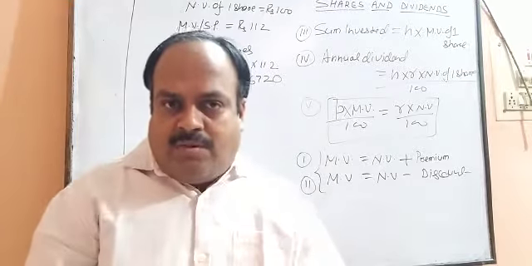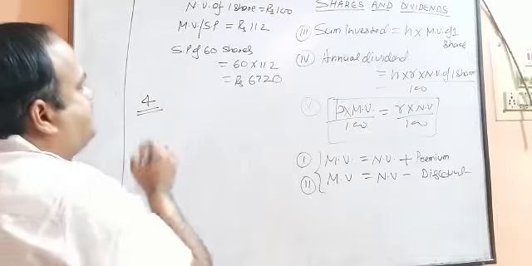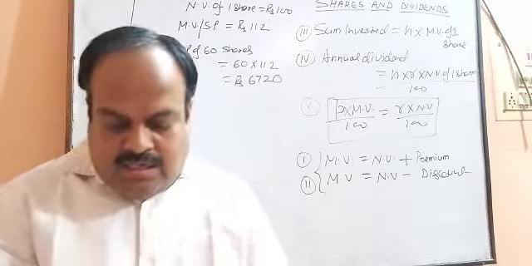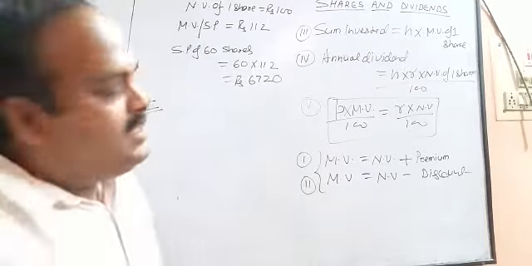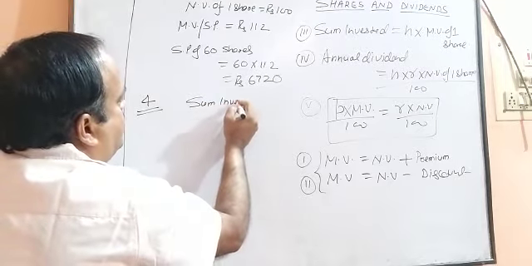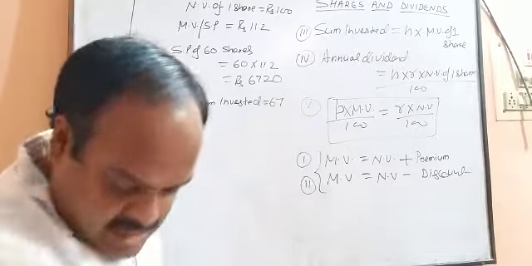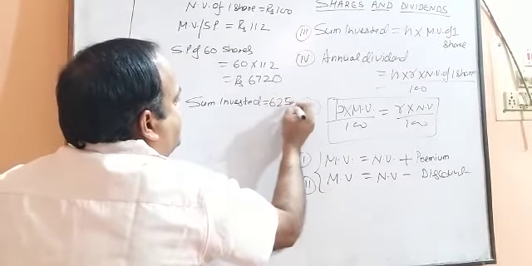Now let's do question number 4. In this question, Ravi invested 6,250 rupees. So sum invested is 6,250 rupees.